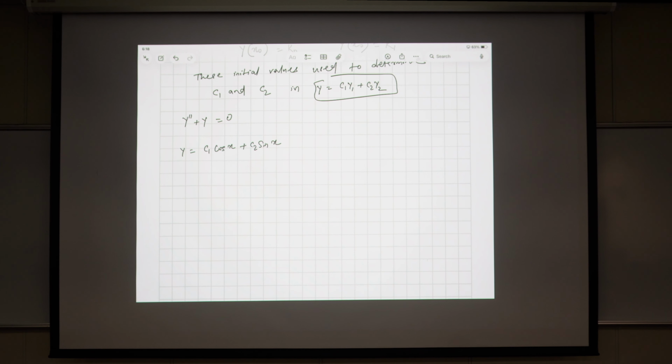Okay. So here I can give one condition, let's say y of 0 is equal to 3 and y dash of 0 is equal to 0.5, something like that.